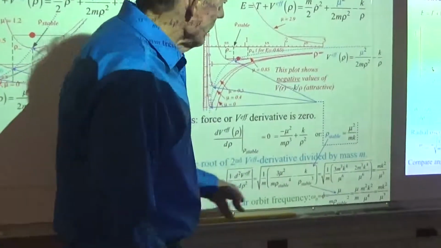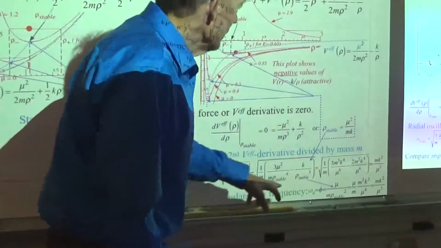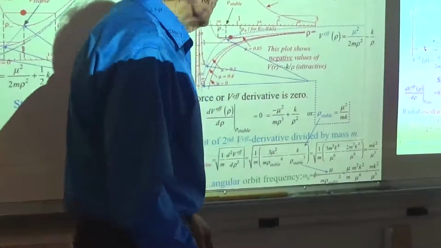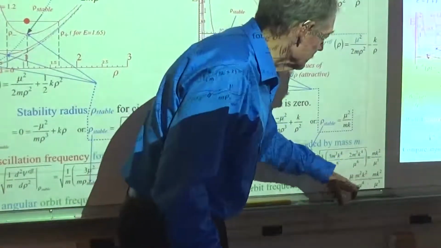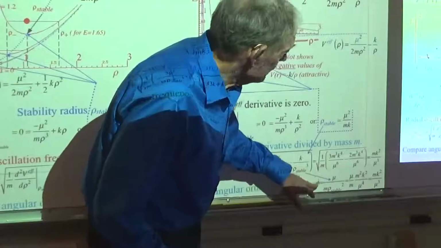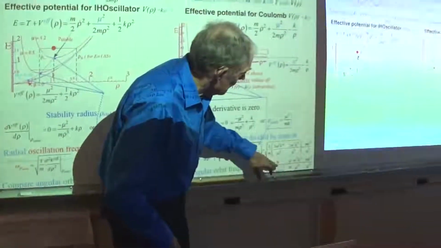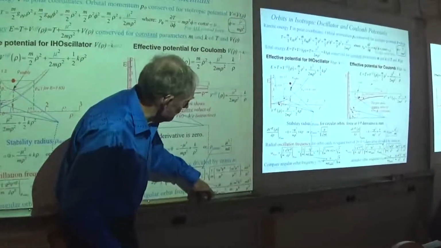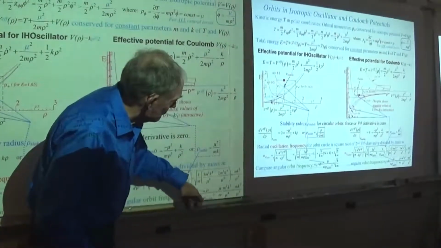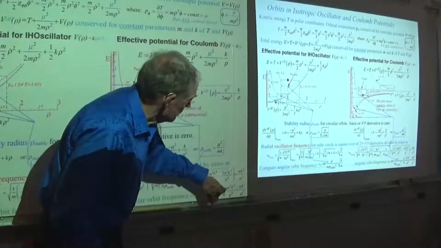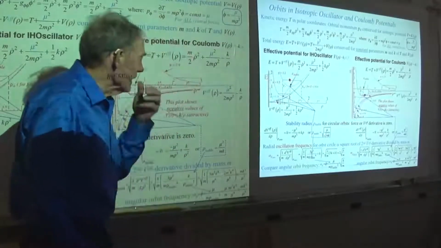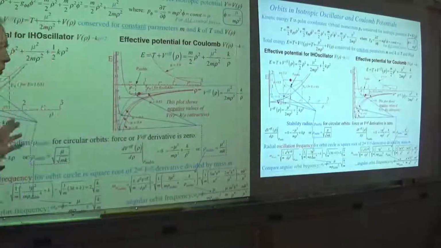Whereas this crazy thing here, this one comes out to be a phi dot, that's frequency, the angular momentum divided by, it's basically an inertia. But you clear all those factors out, and you've got a K squared over the angular momentum cubed.